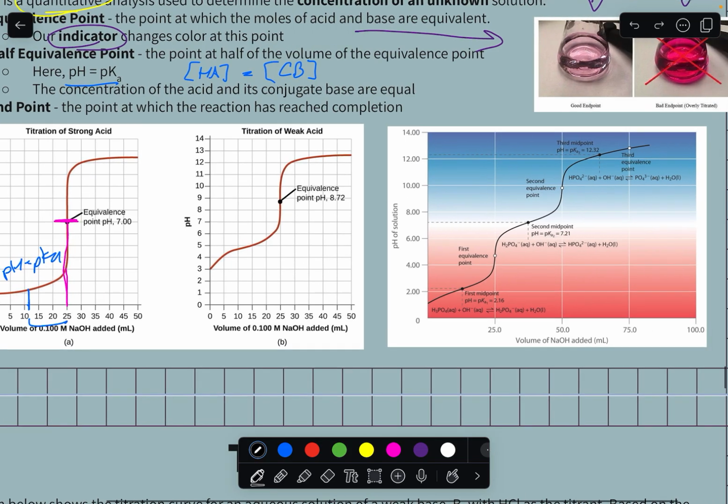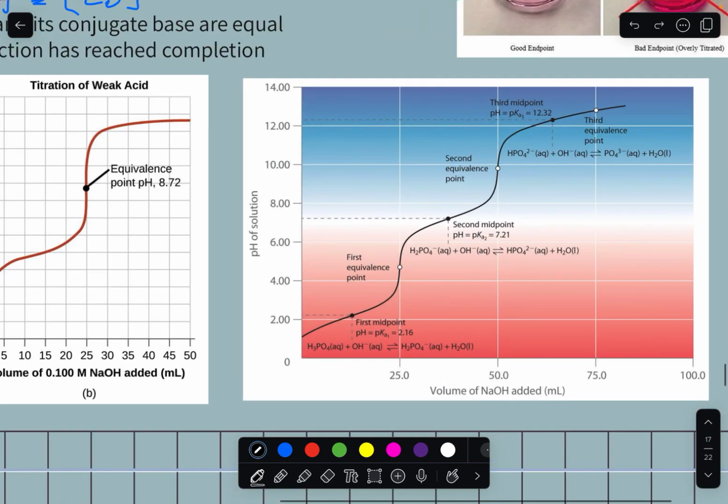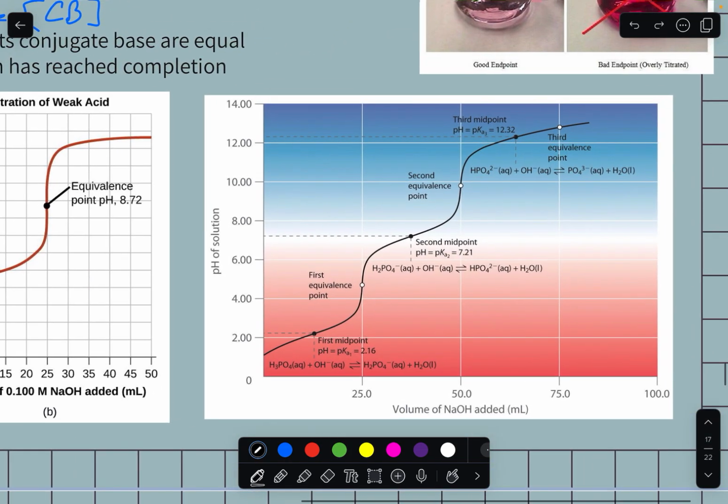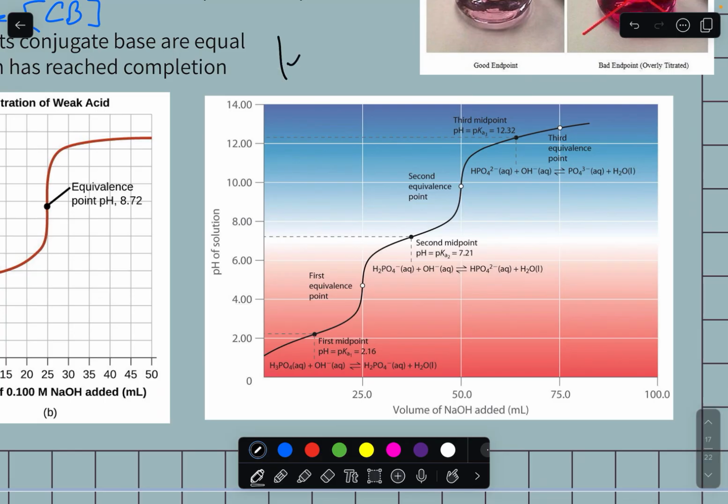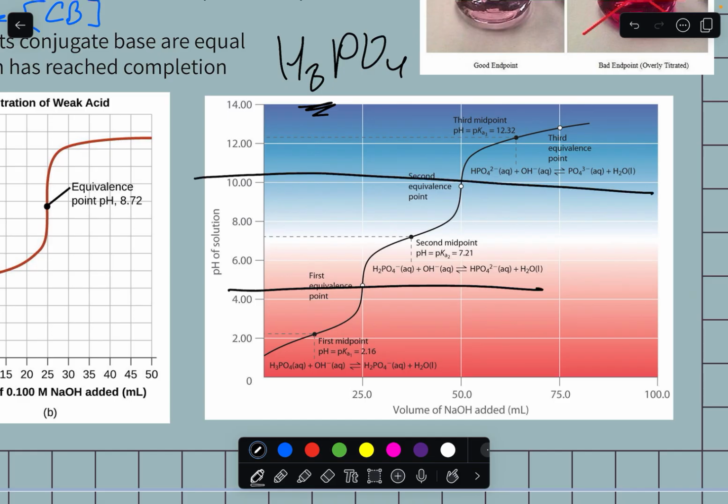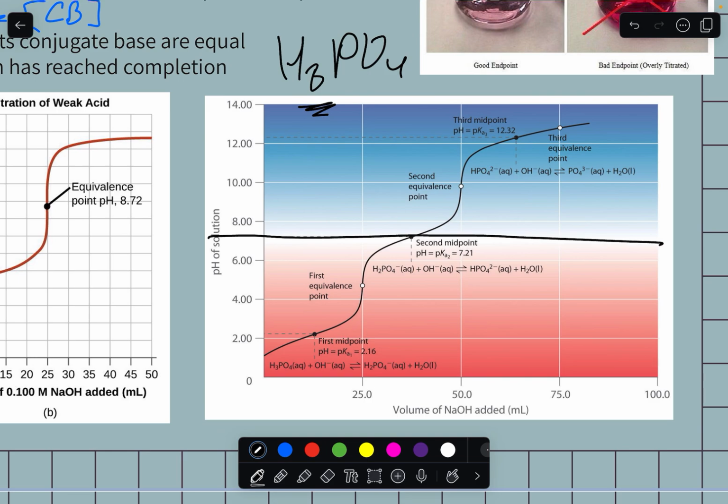Okay, and then really quick also, remember we talked about polyprotic. So if you have something that's polyprotic, so H3PO4, you have 3 hydrogens. During a titration, you're going to remove those one by one. So you can see we have multiple parts of the graph.